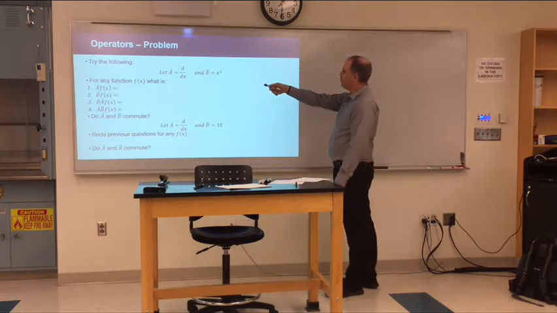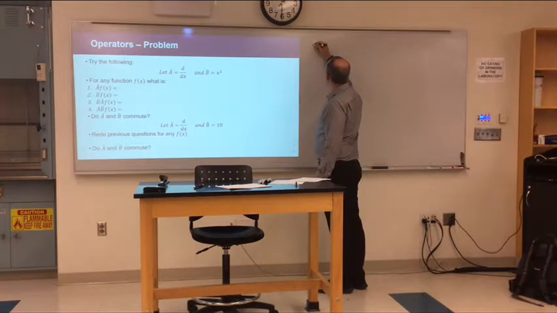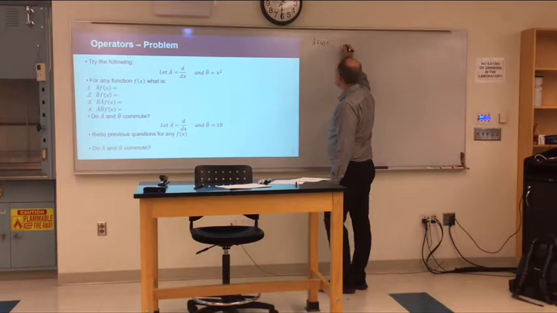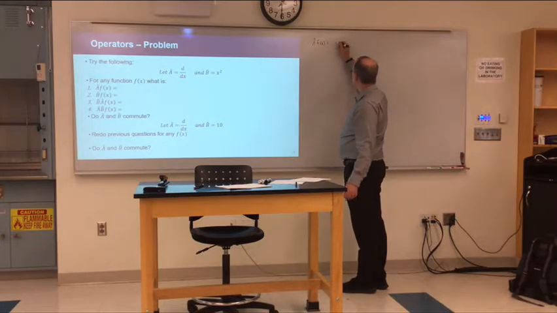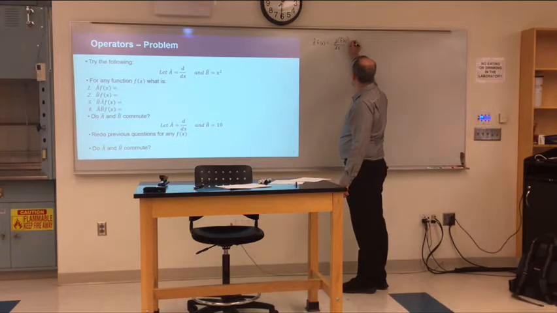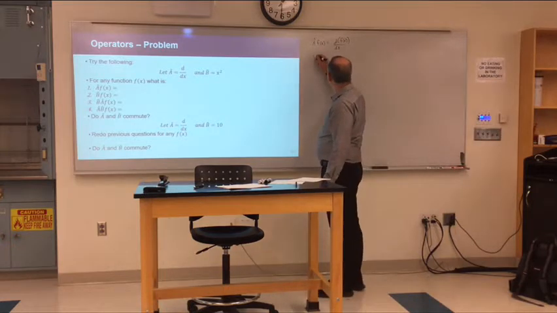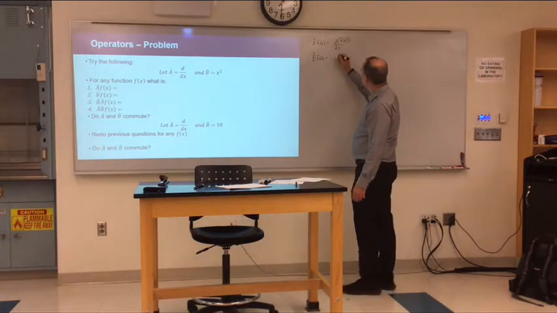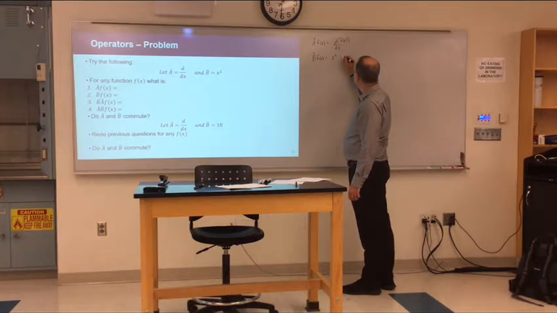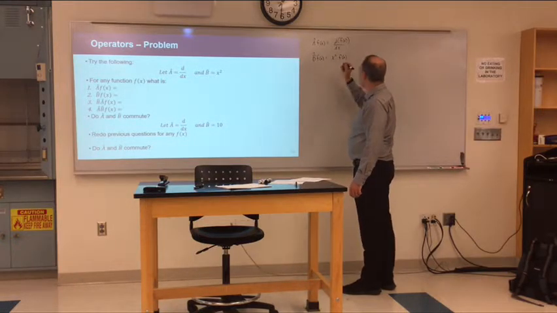Okay, so our first one, a hat f of x would be equal to d dx applied to f of x. B hat f of x would be x squared times f of x.